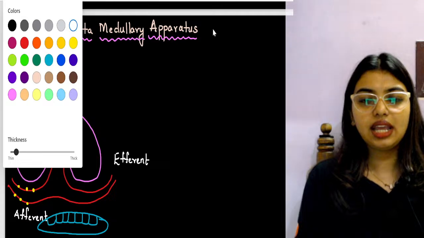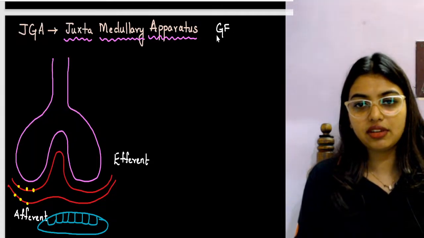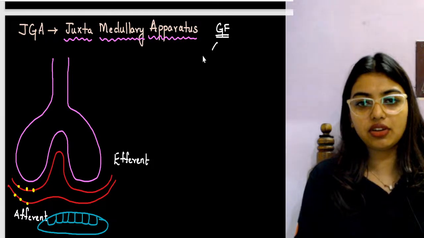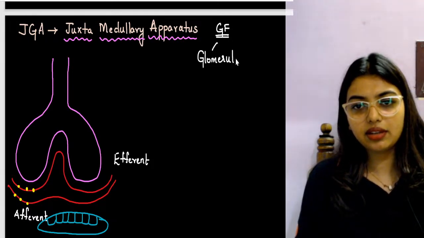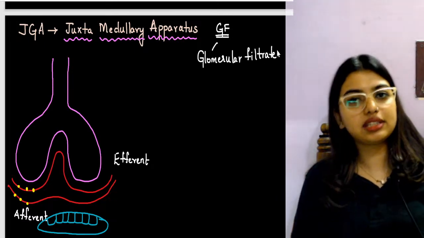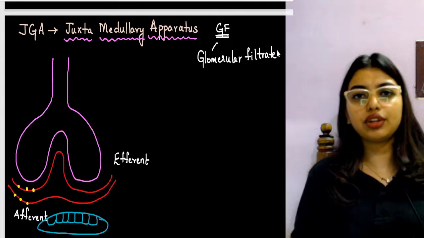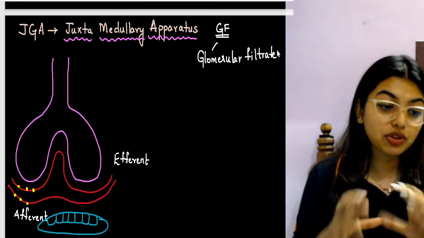It's very simple. See students, whenever there is a problem with GF, don't think your girlfriend, it is glomerular filtrate. For urine formation to happen, there is glomerular filtration, so there is going to be a formation of filtrate.